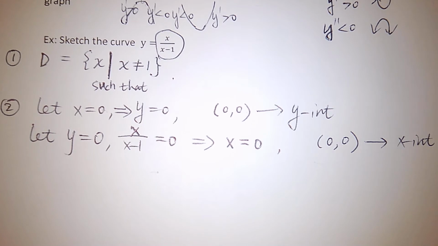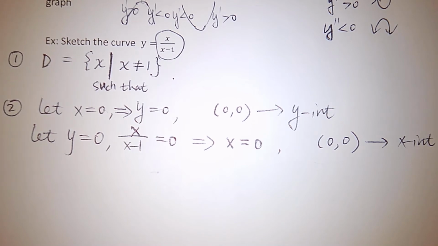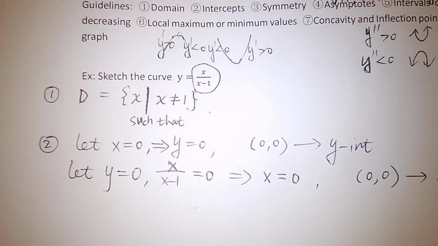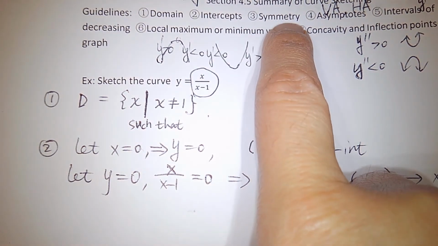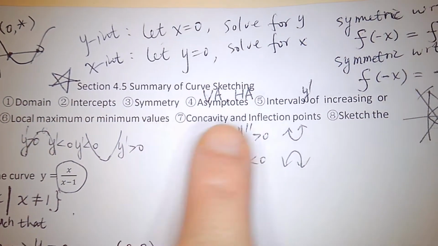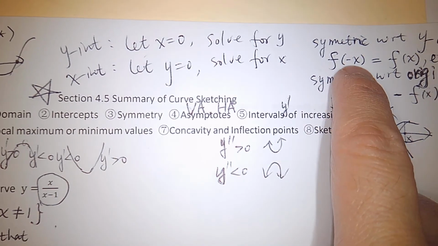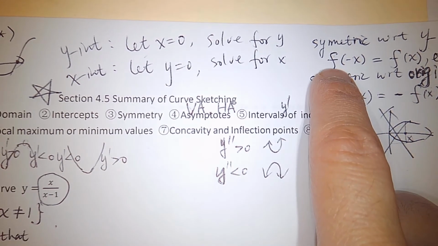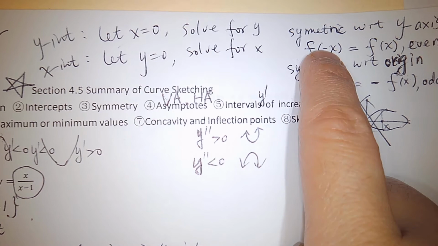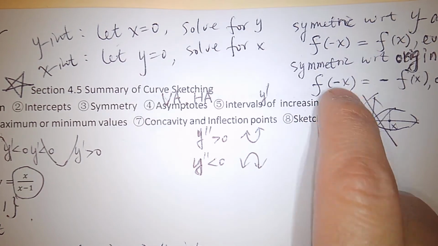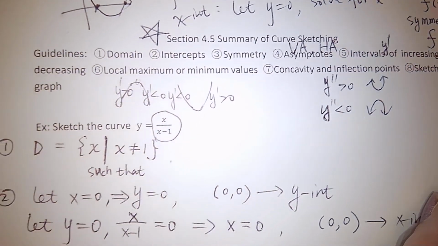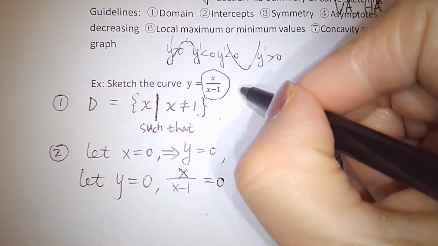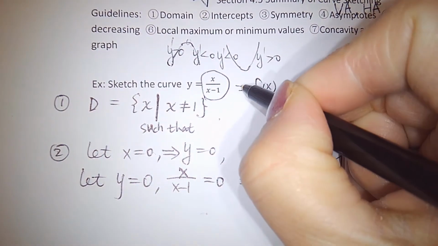You guys, can you follow me? Alright, step 3. Check symmetry. How to check symmetry? Replace the x by negative x for the function and see whether f of negative x equals f of x or equals negative f of x. Okay, this is a function f of x.